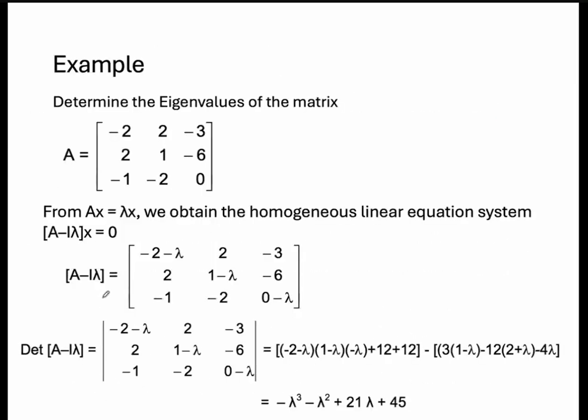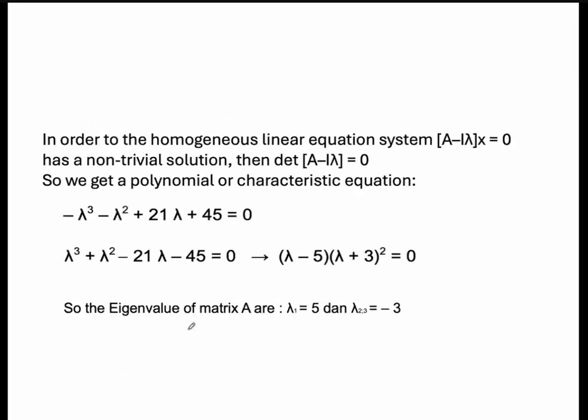Okay, and for example, in the next slide, we have the eigenvalues of a matrix. We have 2 eigenvalues. The first eigenvalue equals 5, and the second eigenvalue equals minus or negative 3.